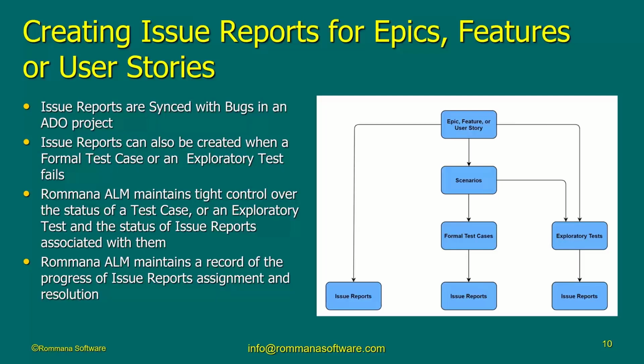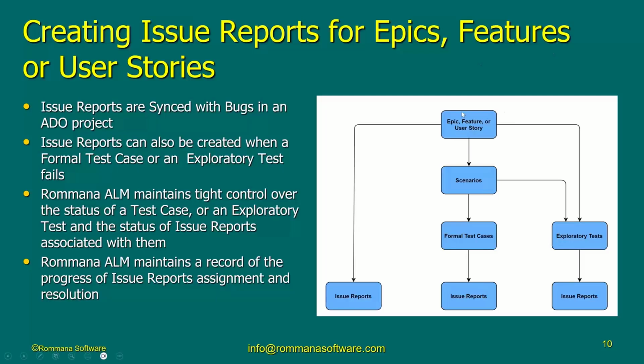Once you start synchronizing your ADO projects with Rommana ALM, it's up to you to create your issues and your bugs within ADO or within Rommana ALM. If you are going to continue to use ADO for your projects, then I suggest that you create your issues and your bugs within ADO and rerun the resynchronization to bring those into Rommana ALM.